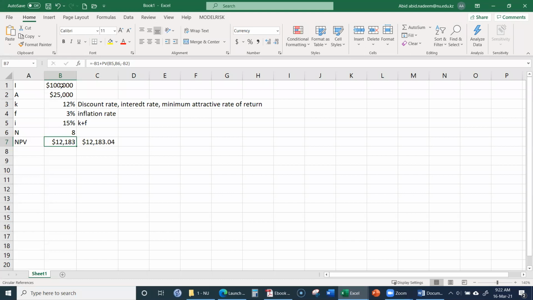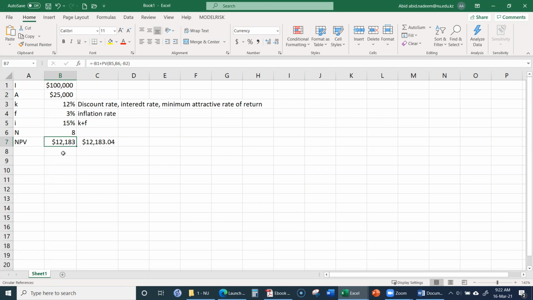So based on this data, we can say that this project will perform very well. If, for example, the annual benefits are $25,000, then this project in the end gives us a net present value of $12,183.